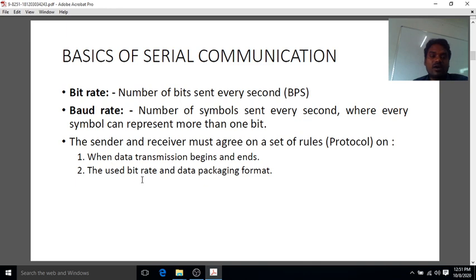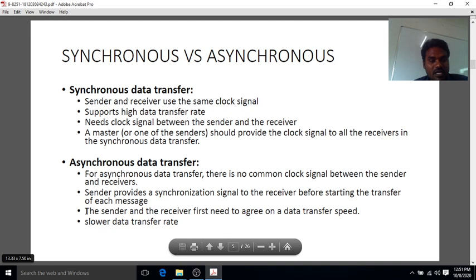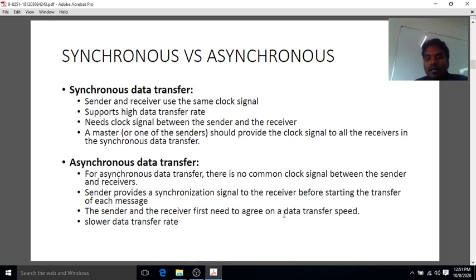That is nothing but the bit rate and the baud rate formats, which have to be accepted by both the receiver and the transmitter. Data transfer speed is nothing but the bit rate or the baud rate.